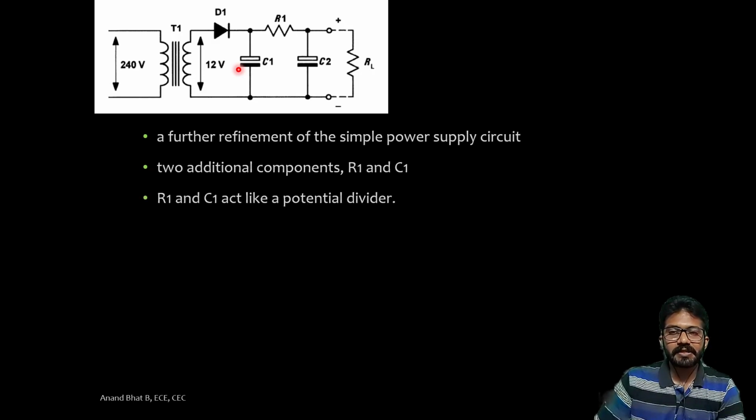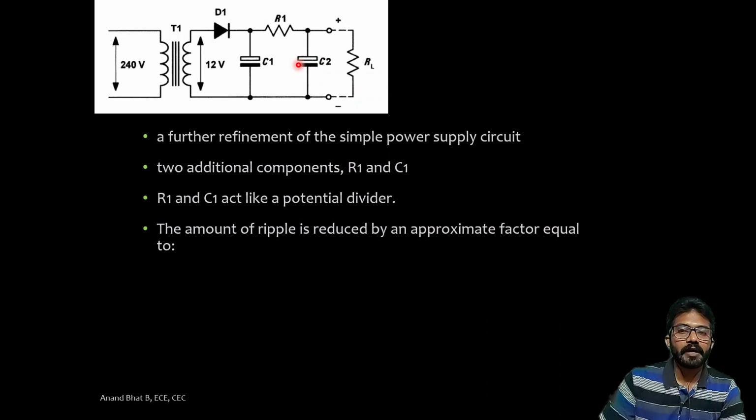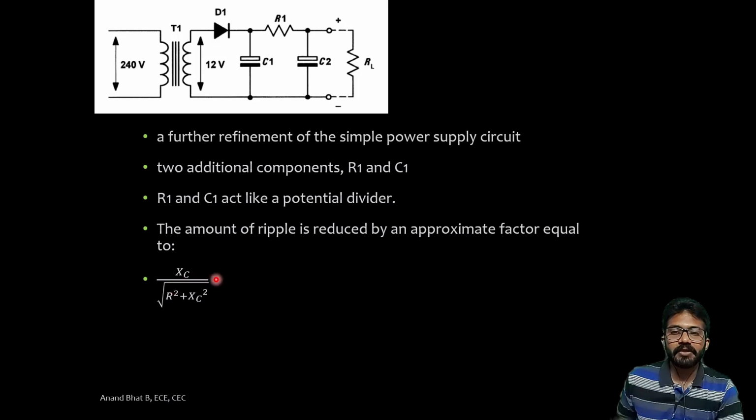So what happens here is, this R1 and C1 will act like an impedance potential divider, and thus C2 will filter out the remaining harmonics or ripples. The factor by which the ripple reduces is given by this formula, that is xc divided by root of r square plus xc square, where r and xc are the impedances of these two components respectively.